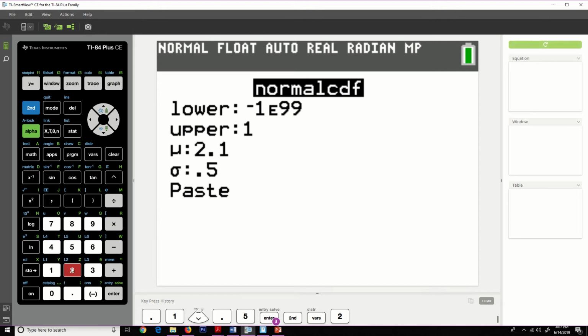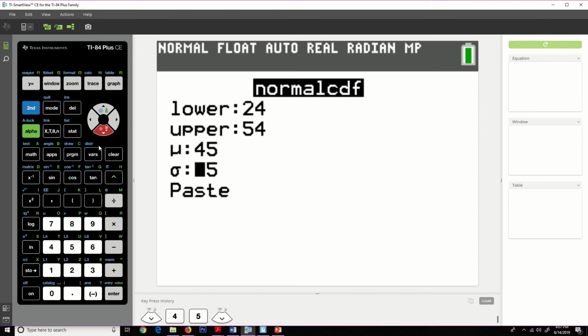We're going to change this lower bound to 24 minutes, and the upper bound to 54 minutes. Our new mean was 45 minutes, with a standard deviation of 12 minutes.